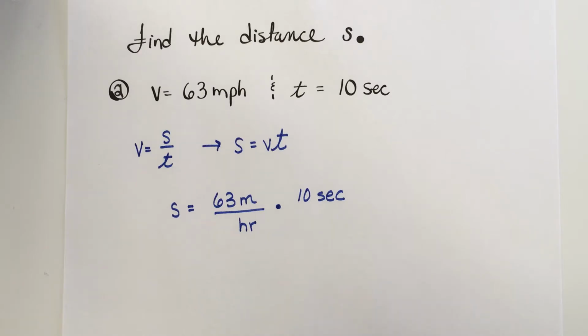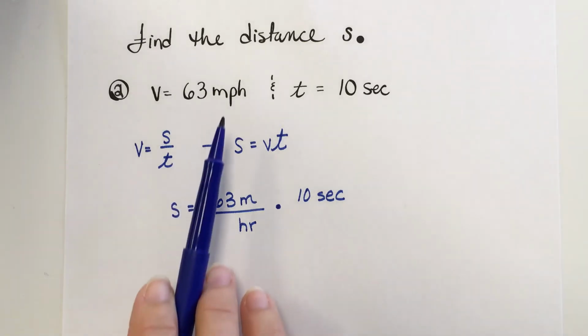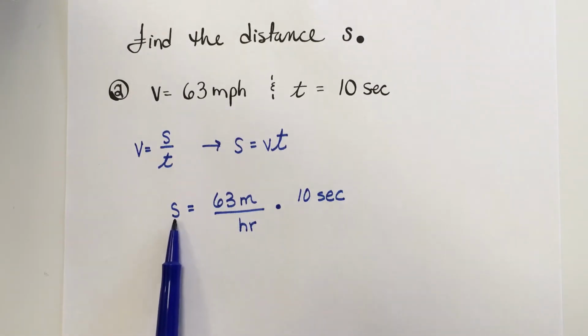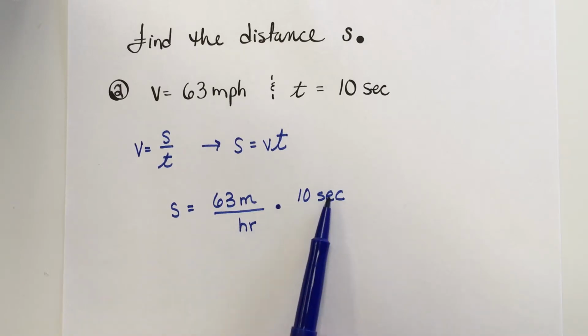So think about what you're trying to find and what kind of units you should expect to have. Since this is given to me with miles, that's what S is going to come out to be, just so many miles. So I need to get my hours and my seconds to both cancel out.